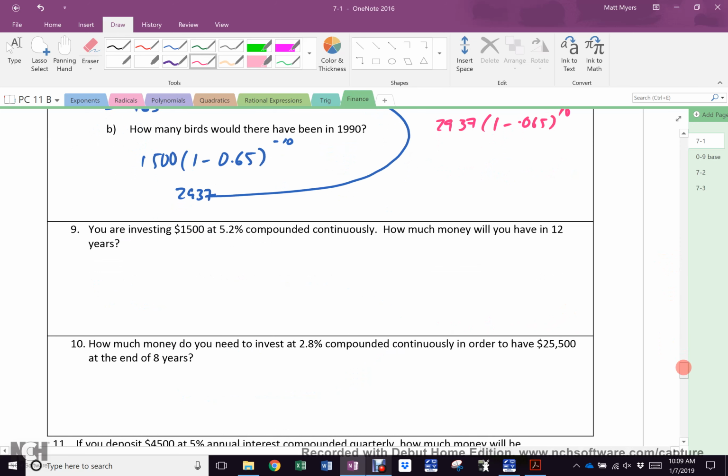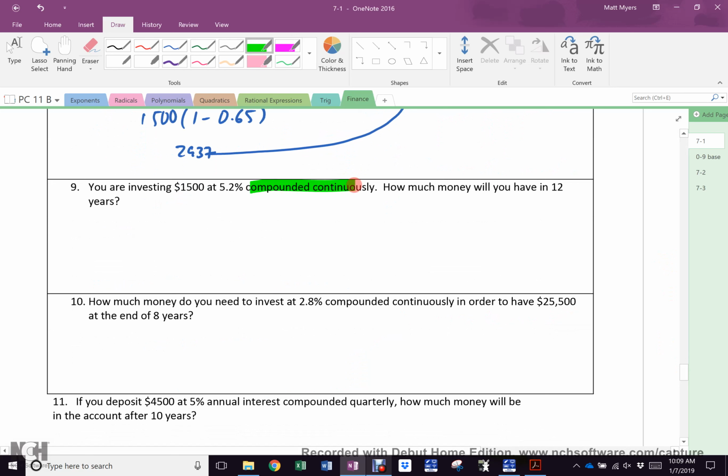Now, continuously. This is where I told you we were going to be in trouble. These two. What does it mean to compound continuously? All the other ones make perfect sense, right? If you compound annually, I give you some interest, right? You add that interest on, and then the next year you get to keep that interest, right?